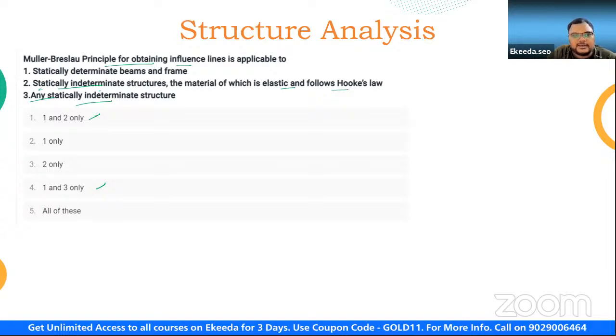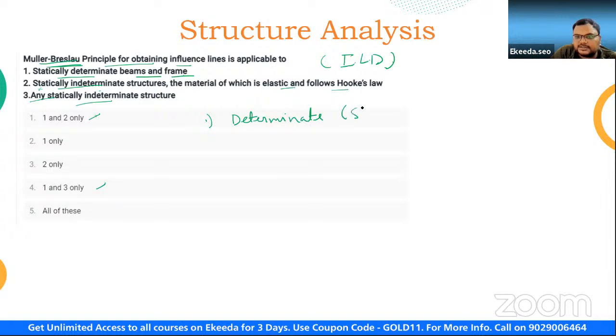So first I will tell you why this Muller-Breslau principle is used. I think we already know that it is used for drawing ILD. ILD is what? Influence line diagrams. For drawing influence line diagrams, the beams and frames you are taking should be statically determinate.